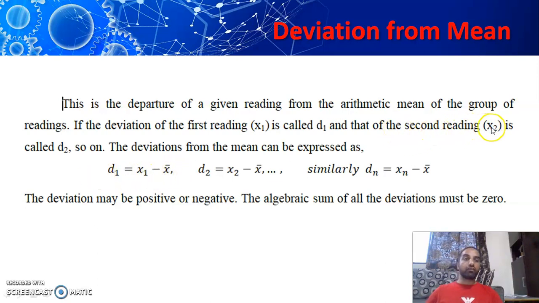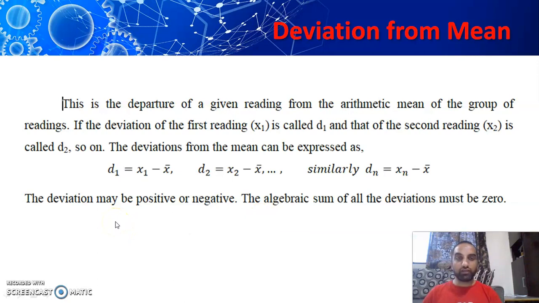Similarly, the deviation of the second reading is d2, which is x2 minus x bar. The deviation of the last reading, dn, is xn minus x bar. All the deviations may be positive or negative, but the algebraic sum of all the deviations must be equal to 0.